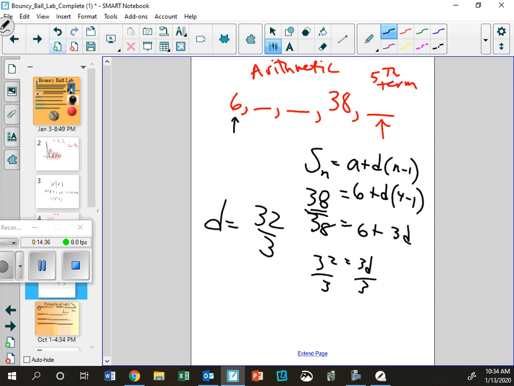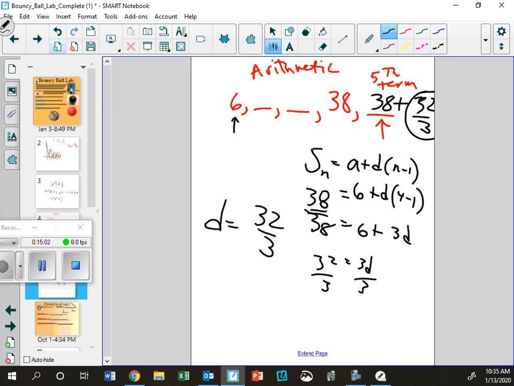All right, so then I agree. This answer is 38 plus 32 thirds. And yes, you'd have to be able to find the common denominator and add those together. Now, an easier way, in my opinion, is to figure out what 32 thirds is as a mixed number. So let me think. That's really close to 11, so it's 10 and 2/3.